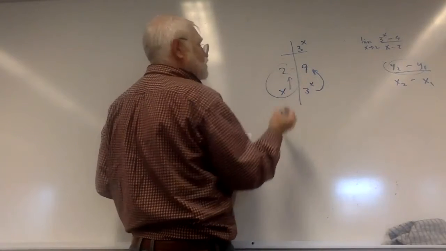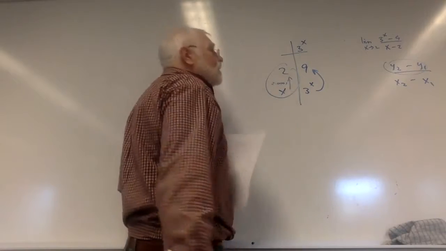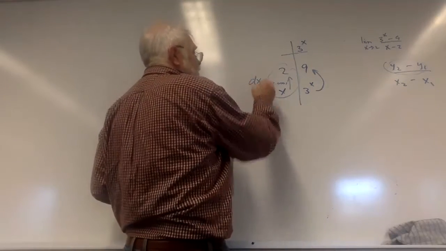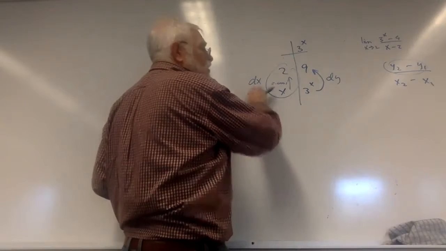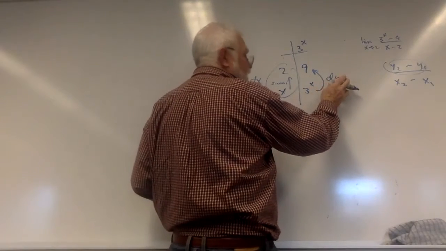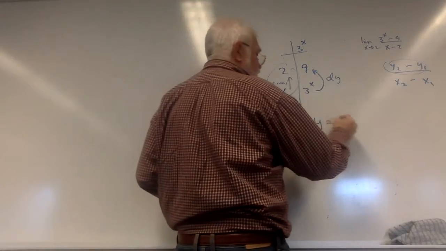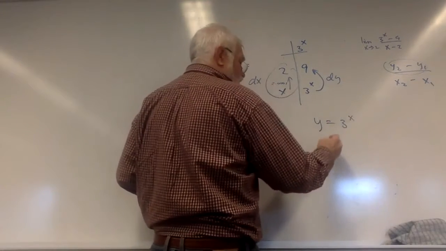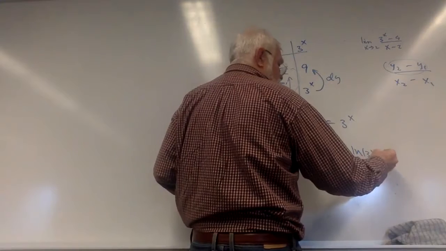You remember, as x goes to 2, you're really thinking about numbers like 2.01, which is a dx. This is a dy, a difference in y's. This is a small difference. That doesn't necessarily mean this is positive or negative or anything else. It's the ratio of change. So what is the derivative of y equals 3 to the x? Y prime is ln of 3 times 3 to the x.